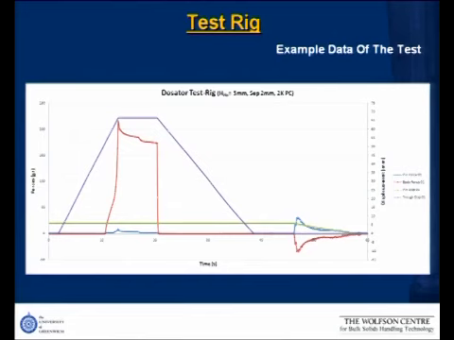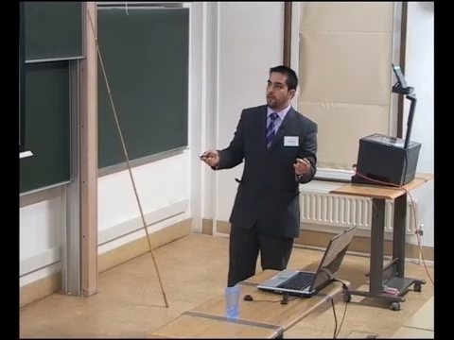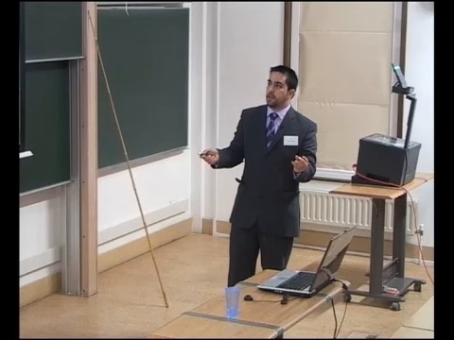So here are some examples, data from the test. In this graph we have two y-axes, one for the forces from the body of the dosator and the pin, and one for the displacement of the trough and the pin, against time. Here we have the filling stage, where you can see in purple the displacement of the trough. The trough comes up, and at this point roughly touches the material, and then we start sensing and getting values for the forces from the powder against the body of the dosator.